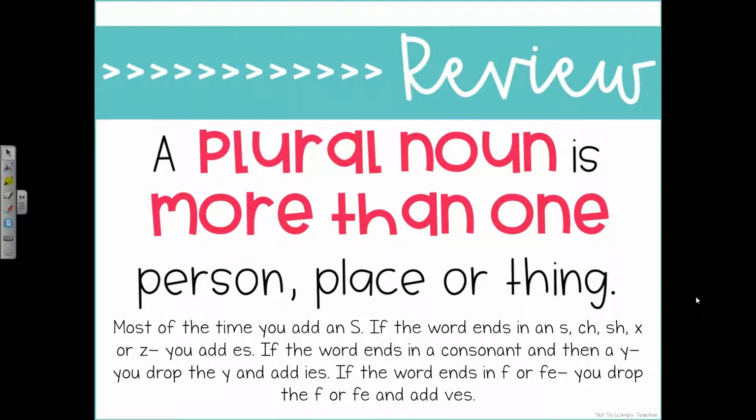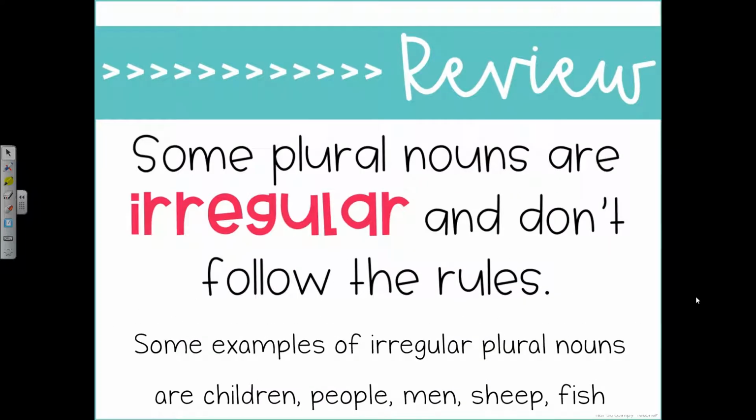If the word ends in F or FE, think here of leaf or knife. You have to drop the F or FE and add VES. So the plural of leaf is leaves, and the plural of knife is knives with a V. Now, some plural nouns are irregular and they do not follow the rules.